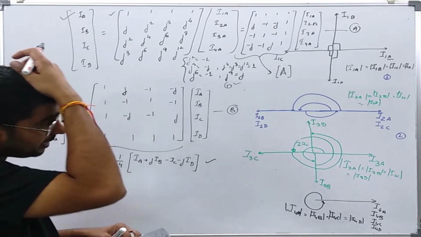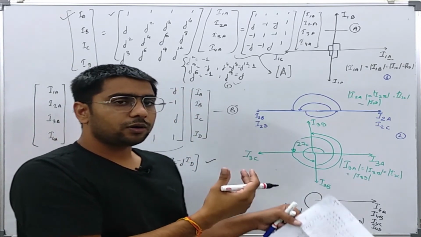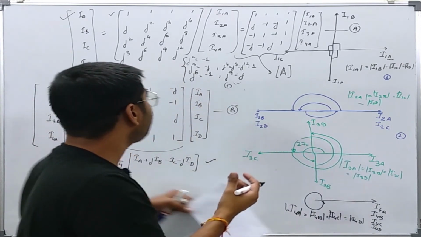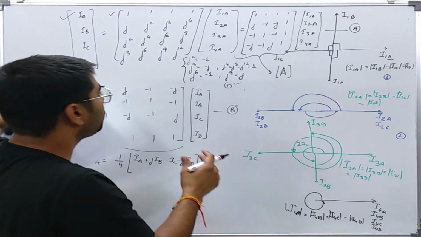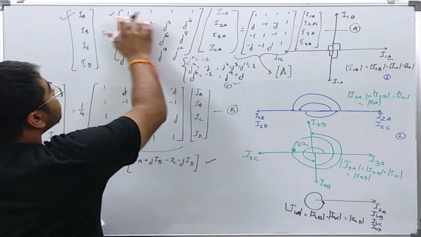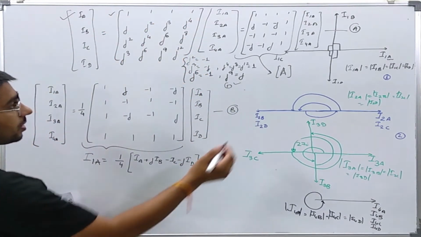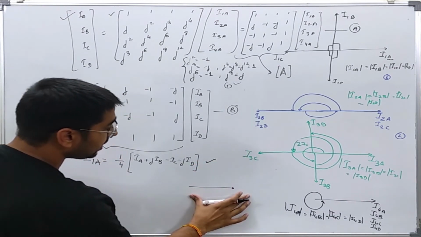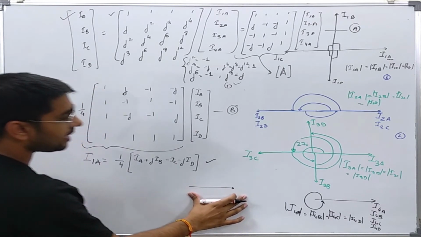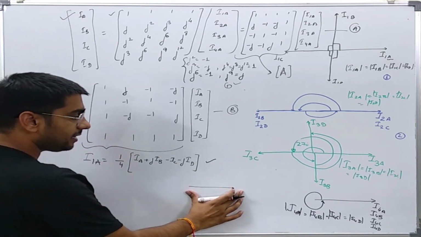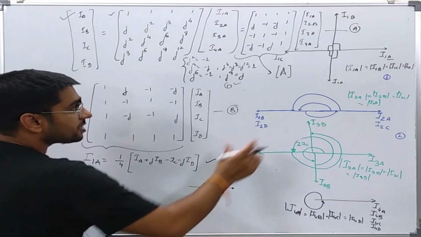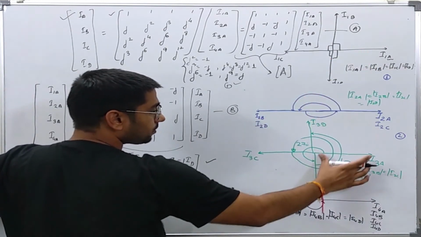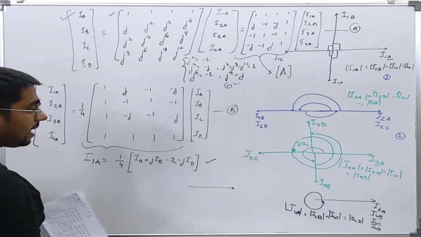So I will try to redraw or regain the phase A phasor using this equation. I1a is like this, I2a is again like this, I3a is again like this, and I4a is again in this direction only. So the sum of all these phasors will give me IA.